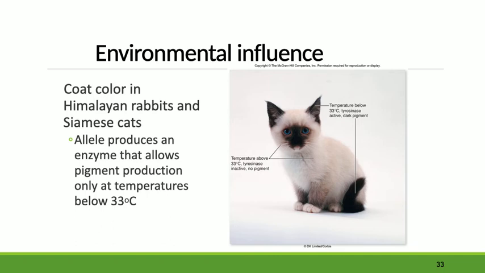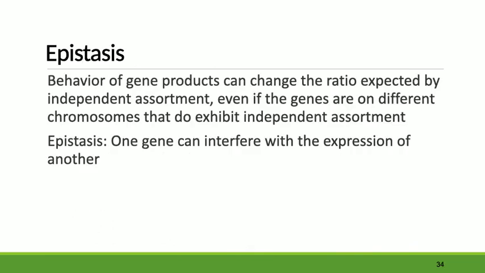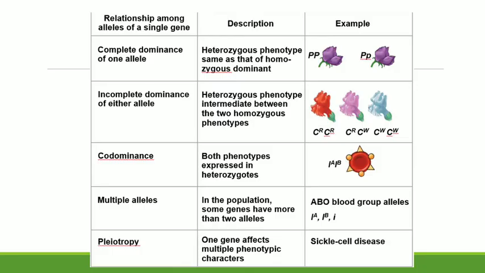It's another layer on the genetics that's extremely complicated. Due to time, I'm actually going to skip epistasis because it's quite complex and takes a long time to explain, and I think we have enough examples. Here is a slide of summary of the different relationships.